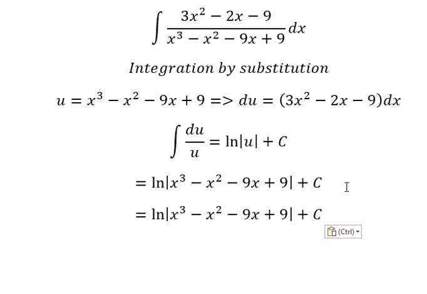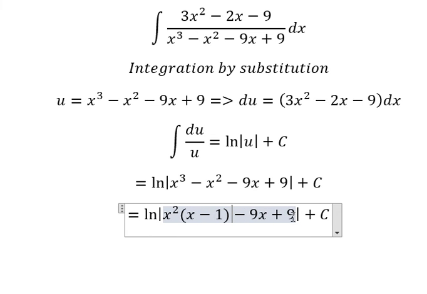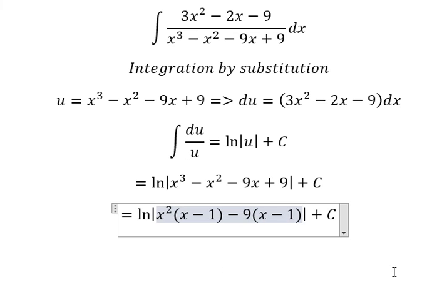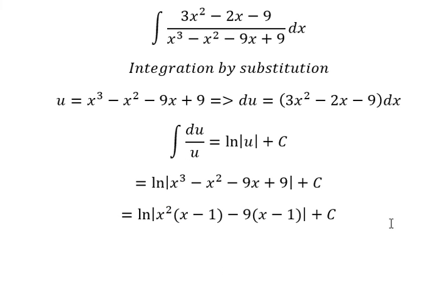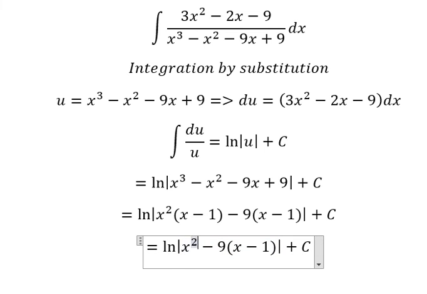Next, we can do factorization by s squared. We can do another factorization by negative 9. So s minus 1, we can do another factorization.